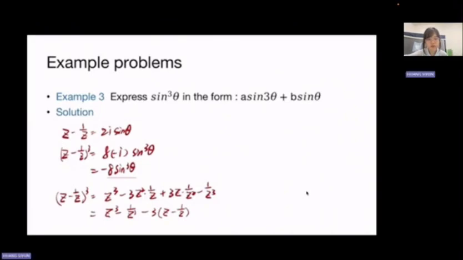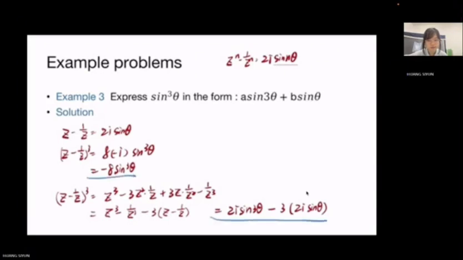And we use the conclusion we have just proved: z to the power of n minus 1 over z to the power of n is equal to 2i sine n theta. So we write the first term as 2i sine 3 theta, and the second term as 2i sine theta.